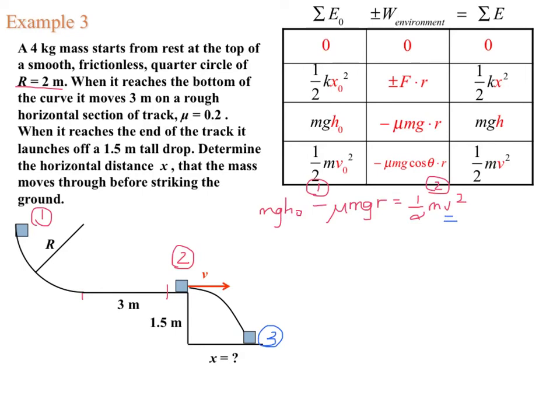So here, we can simply say that the square root of 2 times (g h naught minus mu g r), and our m's canceled out here, is equal to velocity.